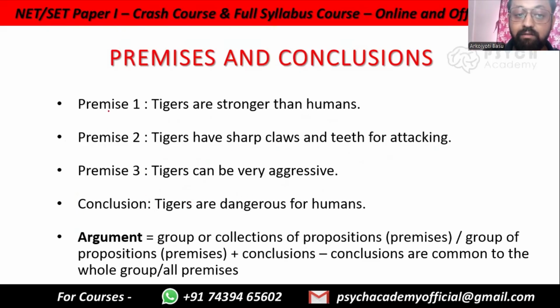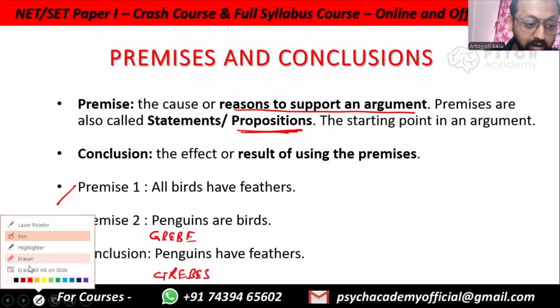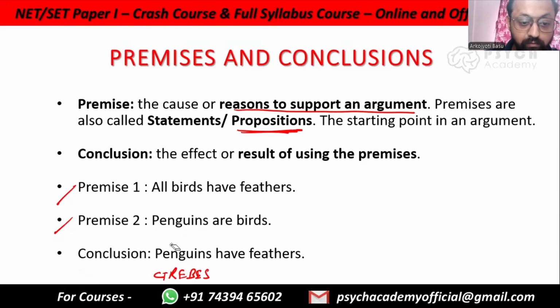Now, what is the difference between this example and this example? Out here, these two premises, all birds have feathers and penguins are birds, are interlinked. What is the common link? This one, birds.